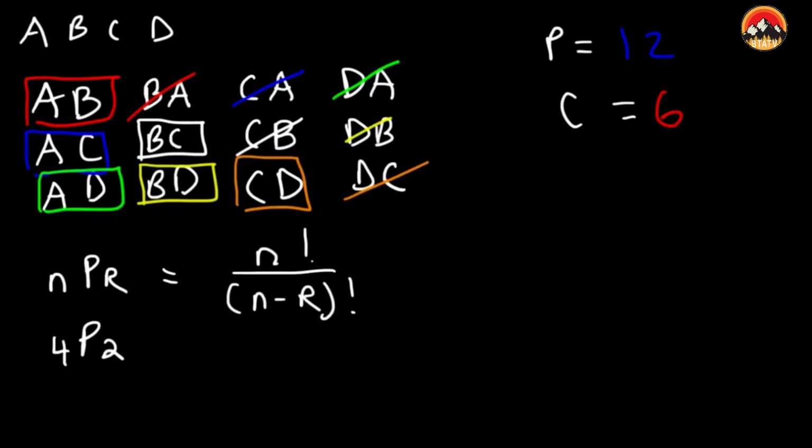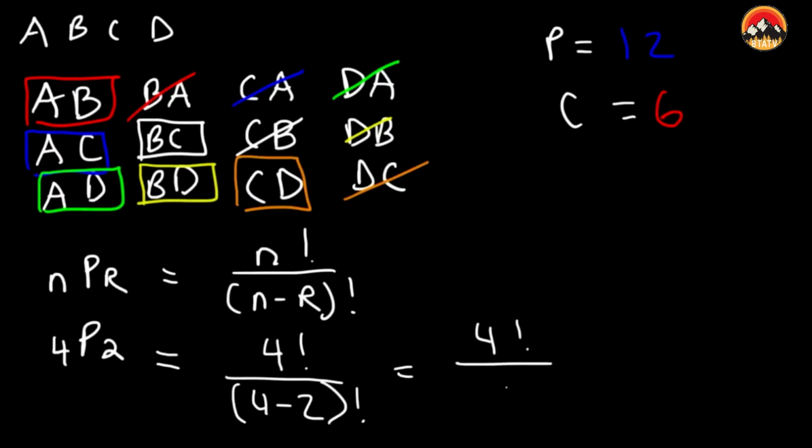In this case, we can see that n is 4 and r is 2. So n minus r, that's going to be 4 minus 2. Now 4 minus 2 is 2. So we have 4 factorial divided by 2 factorial. So what exactly is 4 factorial? 4 factorial is 4 times 3 times 2 times 1.